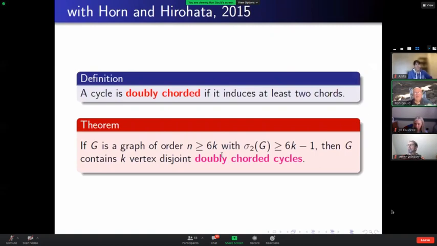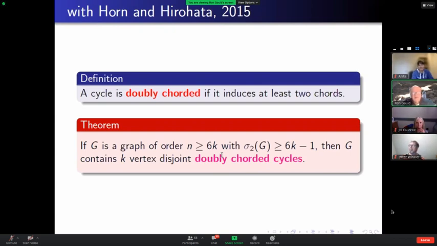Okay. Well, along the same lines, I'm going to say that a cycle is doubly chorded if it induces at least two chords. So always, whatever I say, chorded, at least one chord, doubly chorded, at least two chords. And a theorem with Paul Horn and Kazu Hirahata is the following.